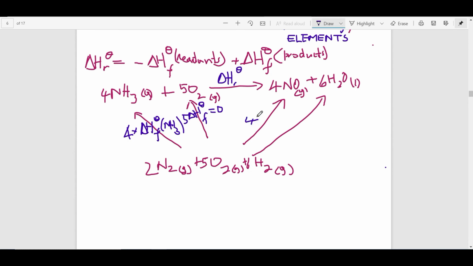Here we are forming 4 moles of nitrogen monoxide, so this is 4 times delta HF of NO. And here we're forming 6 moles of water, so this is 6 times delta HF of water.